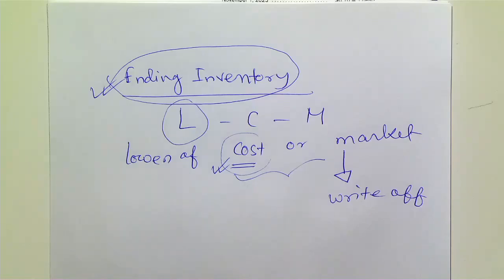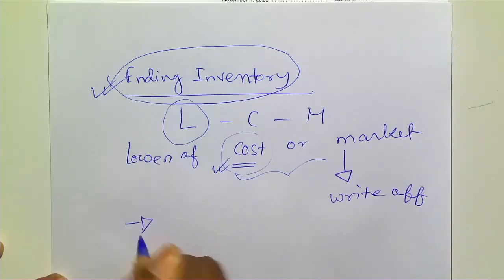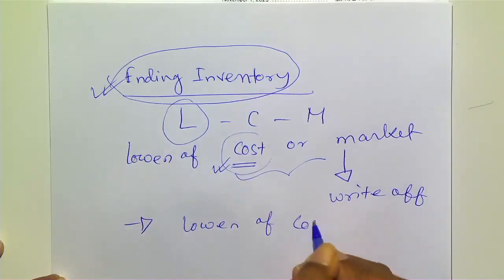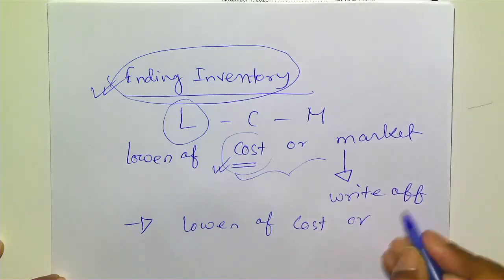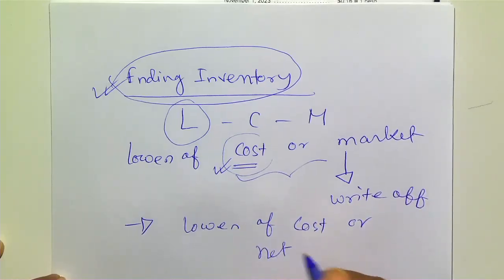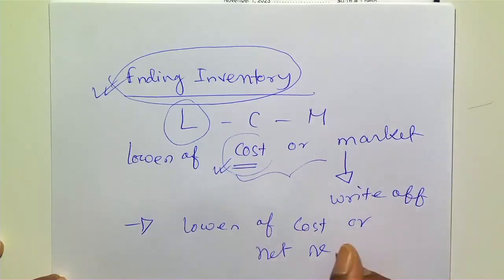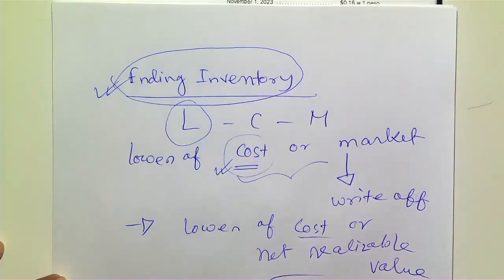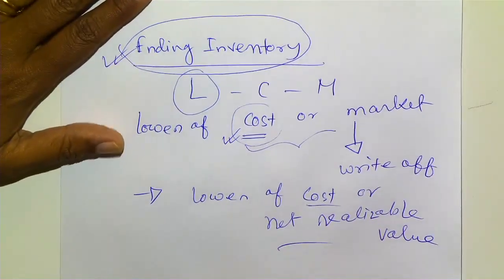We call it lower of cost or market. In IFRS, they call it lower of cost or net realizable value. They have a little different term, but the concept is the same. Whatever is the lower, you have to use it.